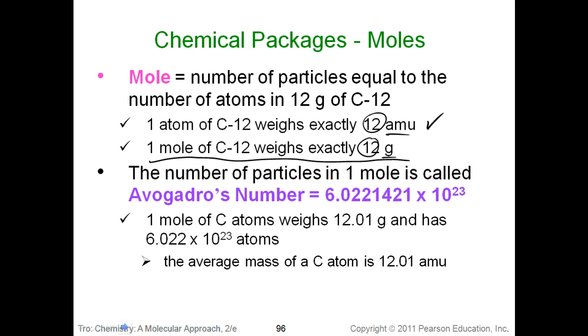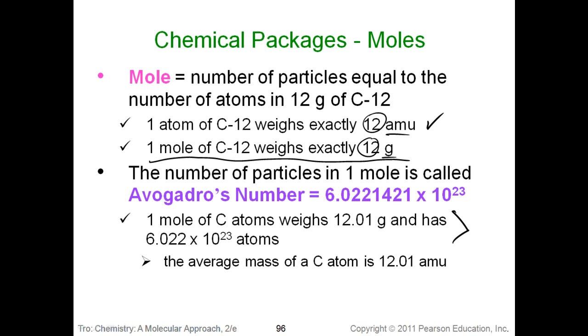Alright, so the mass on the periodic table of carbon, somebody asked this the other day in class. We said that 1 atom of carbon-12 weighs exactly 12 atomic mass units, and now we can say 1 mole of carbon-12 weighs exactly 12 grams. But when you look on the periodic table, it's 12.011. Why is that? Remember, it's an average of the isotopes of carbon, their masses times their abundance.